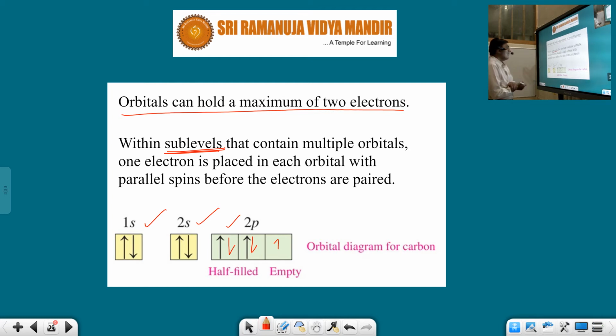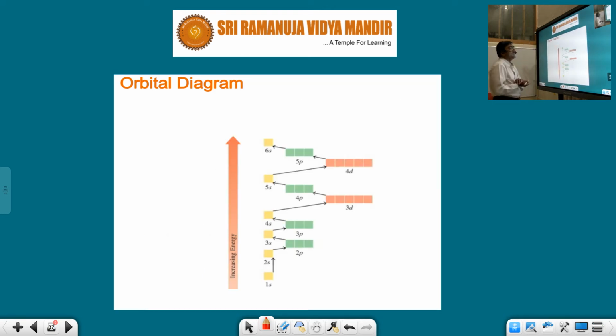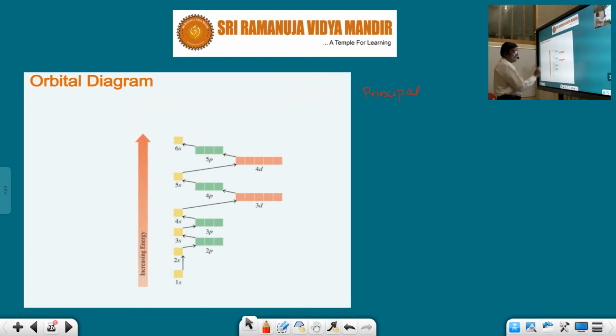Now always remember first, the orbital diagram. This is about the Aufbau principle. Aufbau principle means it won't follow the order which you have in your reference.